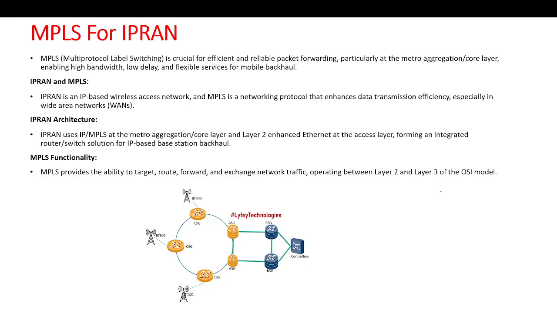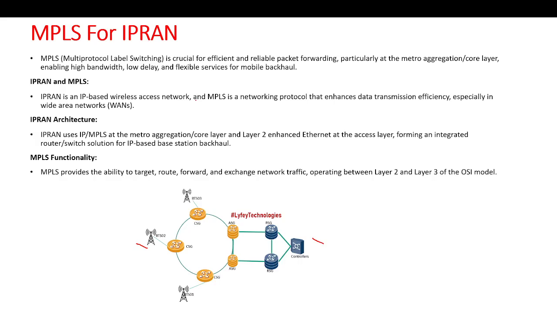So we can easily deploy flexible services for the mobile backhaul. Remember, IPRAN is primarily acting as the mobile backhaul network. So we are carrying different services from the mobile stations to the mobile controllers. In IPRAN, of course, this is a purely IP-based wireless access network.